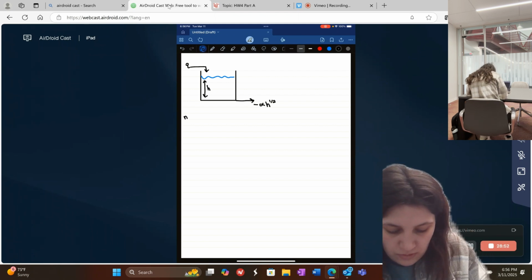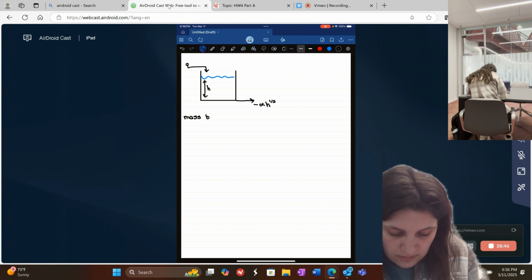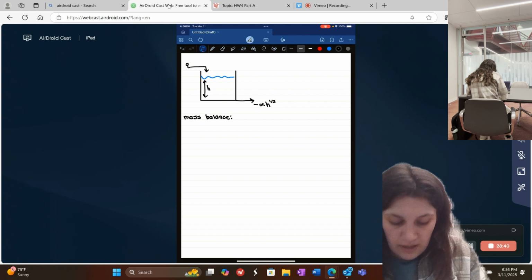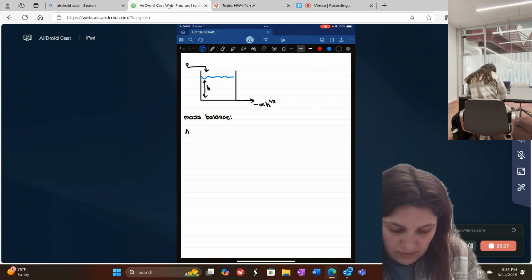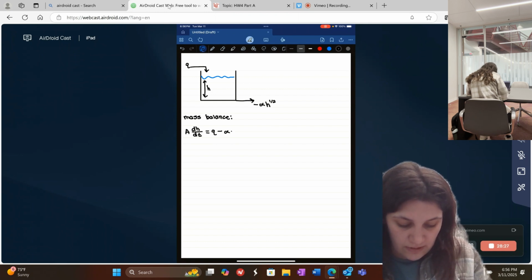So if we start evaluating our system with a mass balance, we end up with the rate of change of the height, and we're going to multiply that by area to keep our units consistent, is equal to our flow in, which is Q, minus our flow out, which is alpha times h to the 1/2.